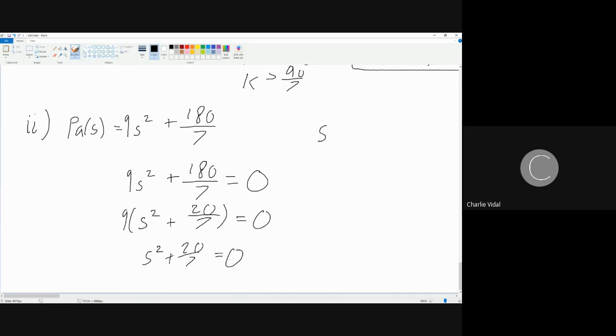Sorry, I just had to think right there. It's one of those moments where you just have a brain fart. But it's going to be negative 20 over 7. Then you take the square root on both sides. s is equal to plus or minus j square root 20 over 7. Okay. And with that, we've now found the roots of the characteristic equation for this value of k.